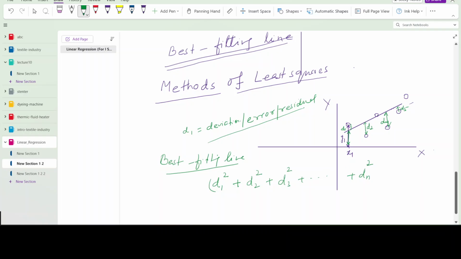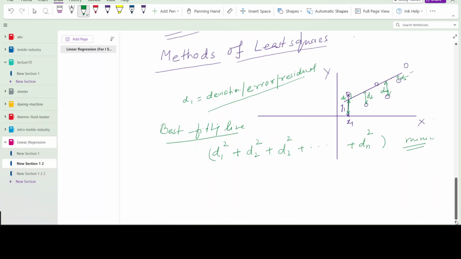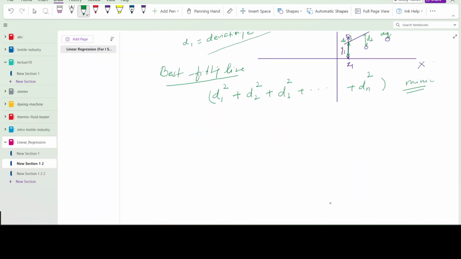This should be minimum. The sum of the square of all the vertical distances should be minimum, then we can say that this is the best fitting line.